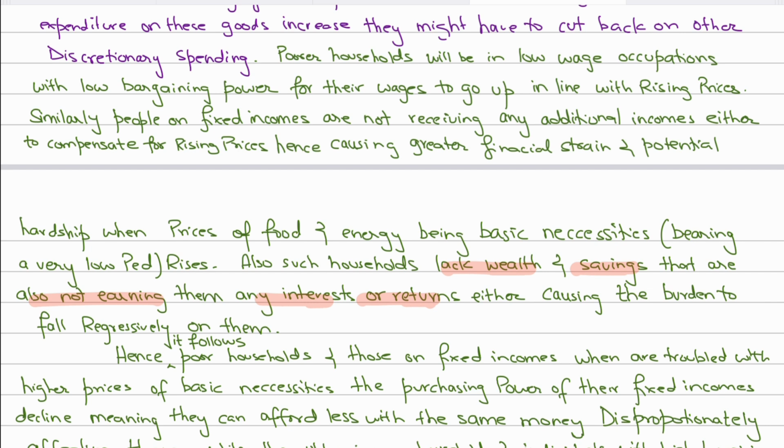They lack savings because they don't have the money to save in the bank to earn them interest or other sorts of returns, which is again causing the burden to fall regressively on them, because during times of inflation, and when you have this food inflation going on as suggested in the case study for the Eurozone, and energy prices are going up, such as the price of fuel and gas and oil going up, it's going to affect the hardship more for the poor.